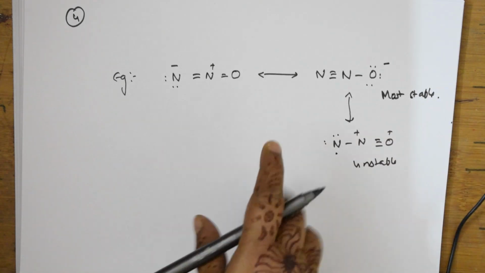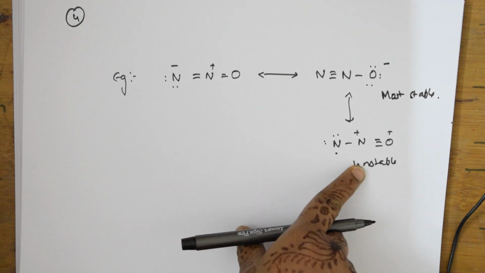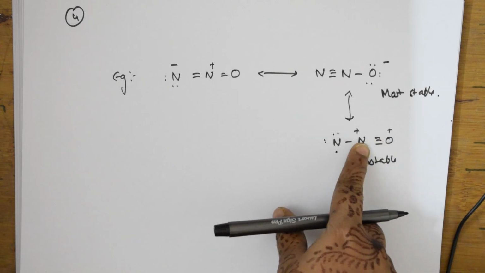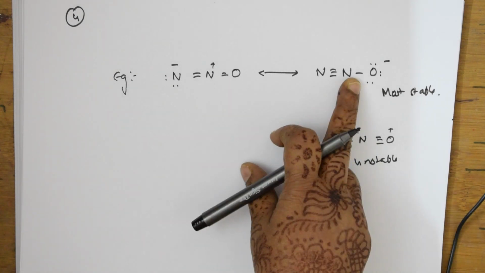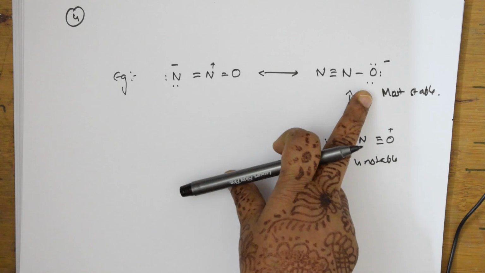Right. So if the same charges are closer, see here, this is plus, this is plus. If the same charges are closer, the structure will be unstable. If the charges are separated, see here, in this case, this is minus, correct? So the charges are separated, they are more stable.